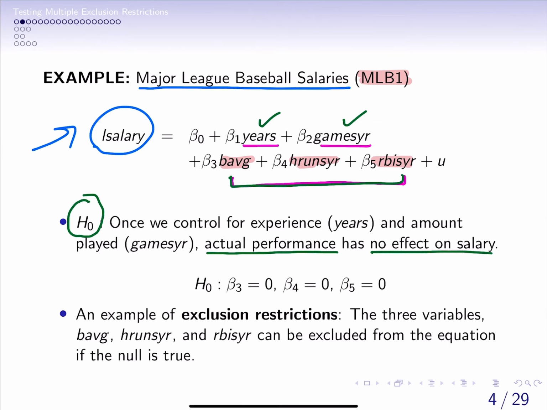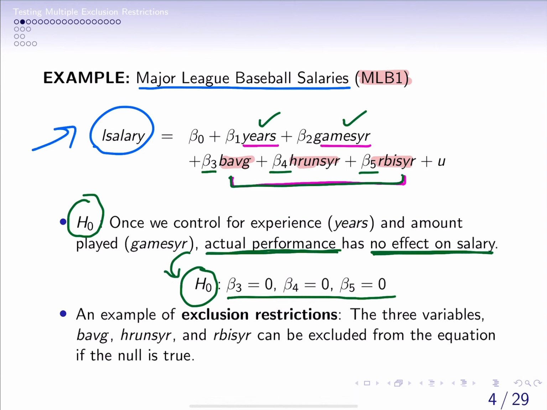In effect, if we write out our null, these population parameters, beta 3, beta 4, beta 5, are jointly 0. This is how you can write out the null hypothesis.